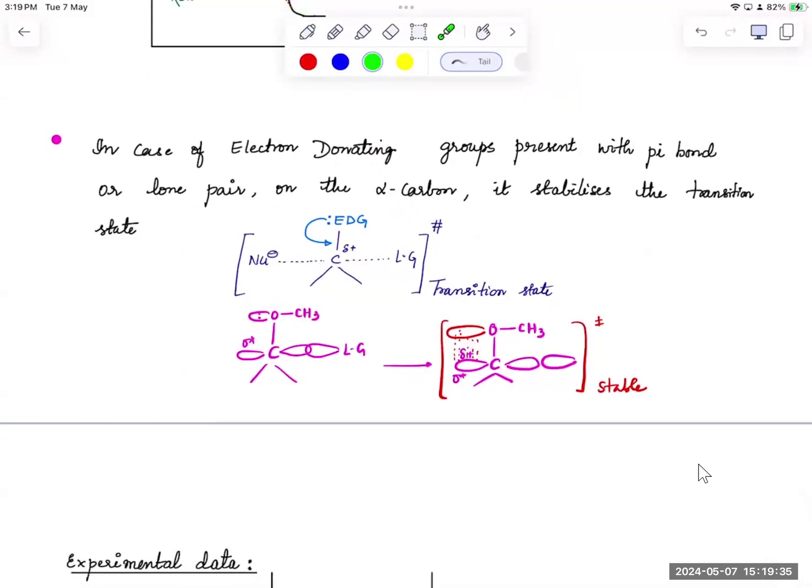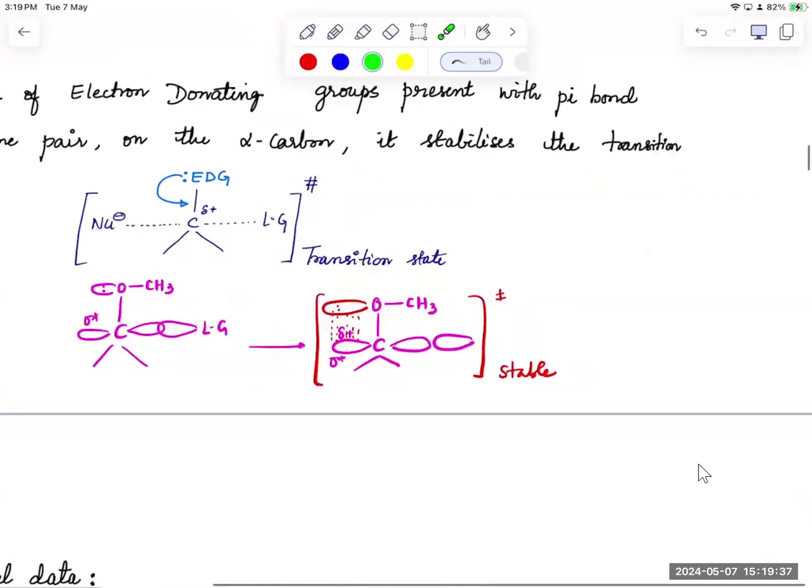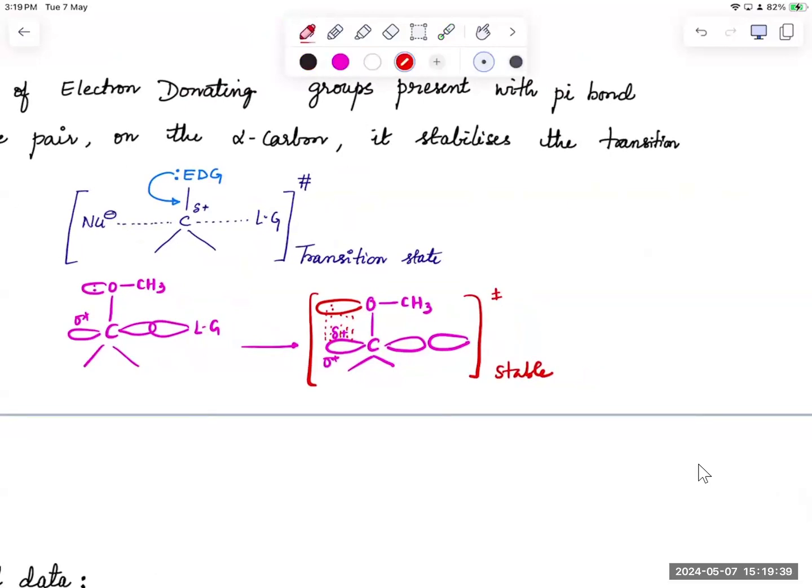So when an electron donating group is present in the form of a lone pair or in the form of a pi bond also. For example, this is how it is. Benzene is here. It is connected to a carbon where it is leaving away chlorine. You can imagine that this is the orbital it has, and Cl minus has almost left.